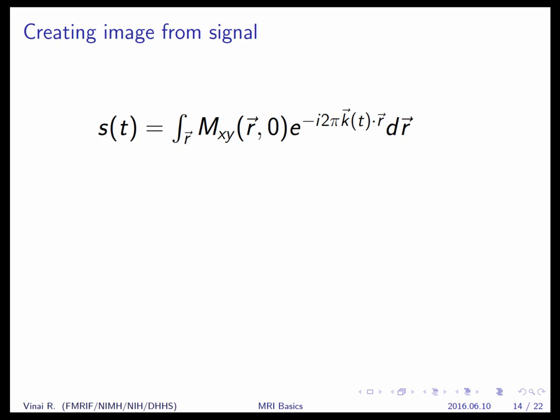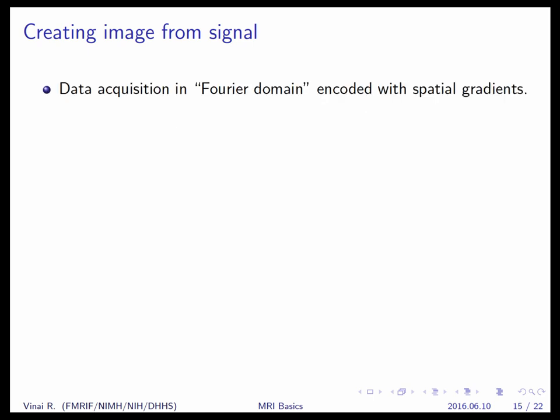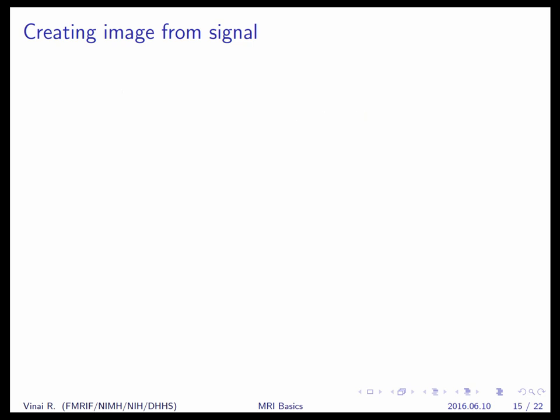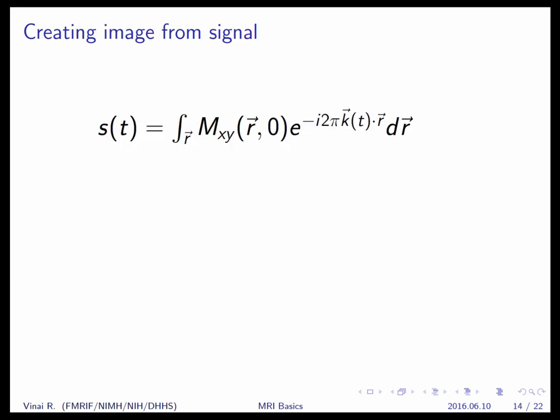So this S of t here represents this signal that's a mixture of all your frequencies. And this bit here is wrapping all those frequencies together and summing them up.